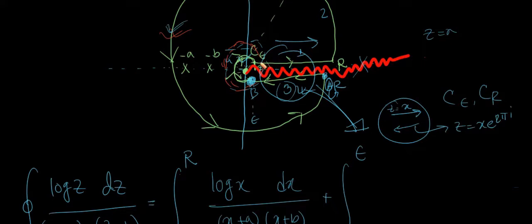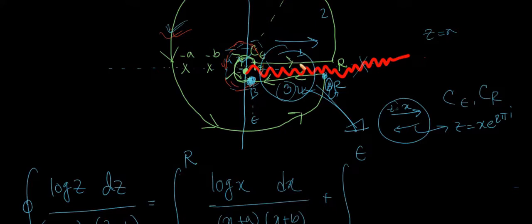Because if you notice, we started from epsilon, we went to R, but then we made an almost 2 pi rotation. Almost. Not exactly, but almost. So that's why approximately you can say that this is just x e to the power 2 pi i. That means you are going along the reverse direction like this.